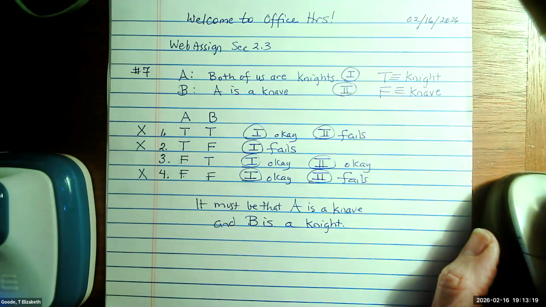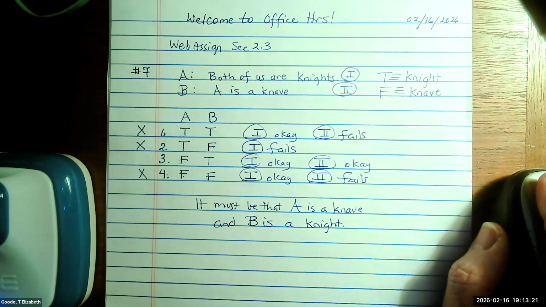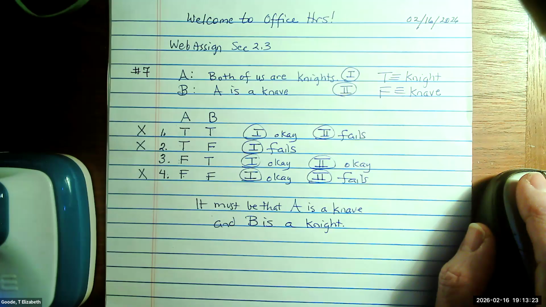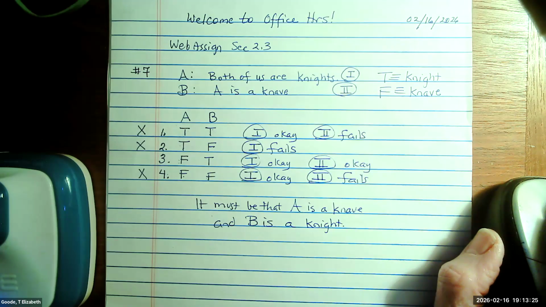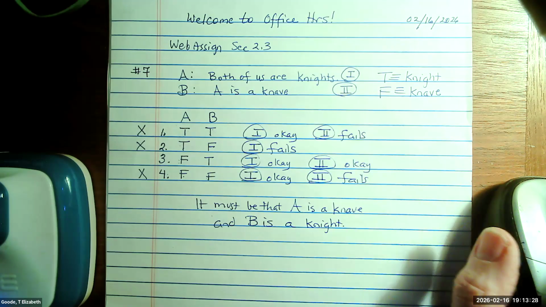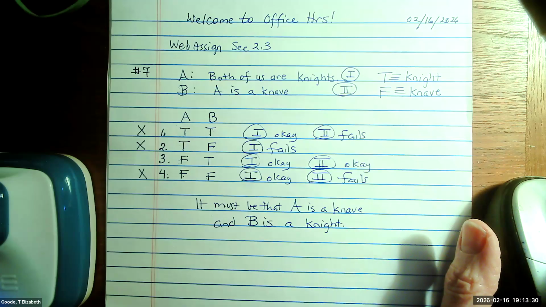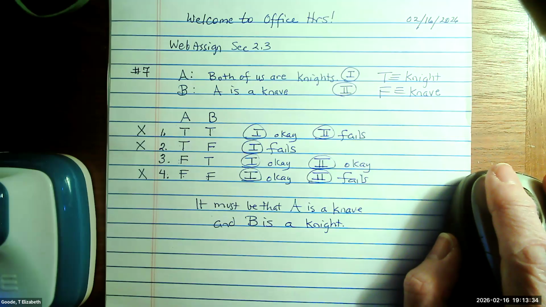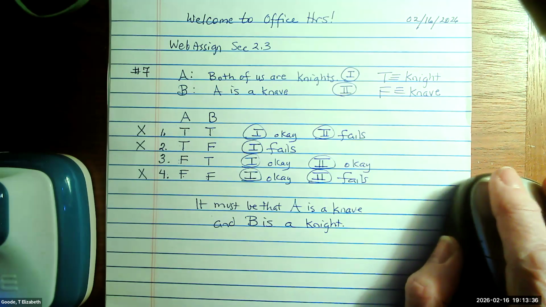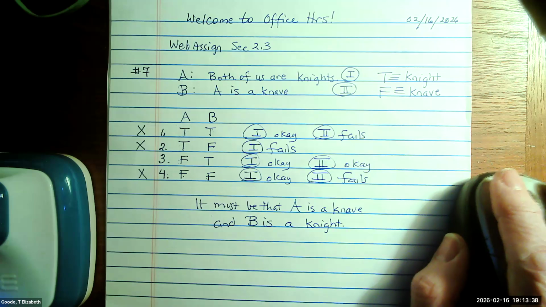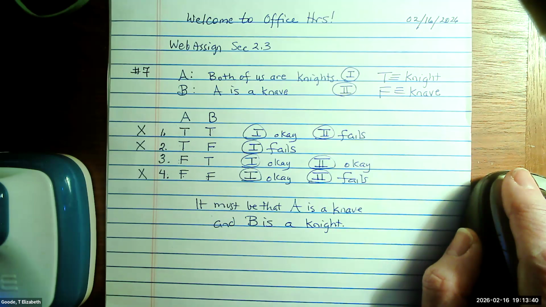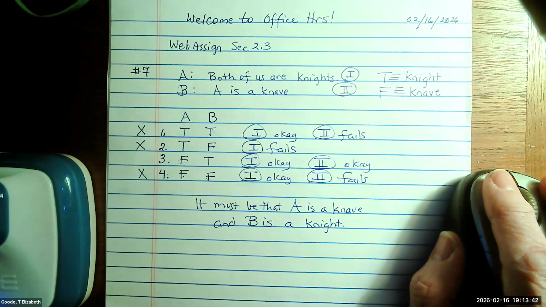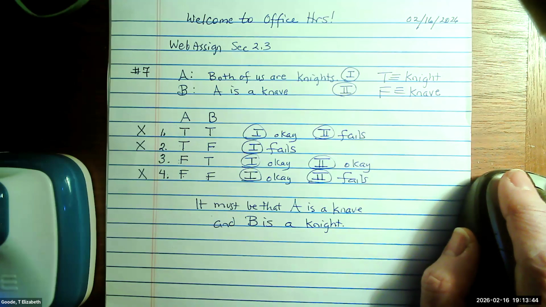And then when you have so many natives, like in the last problem, you may not really want to make a truth table. What you may want to do is just go in here and start comparing what they are saying. For example, U says none of us is a knight.